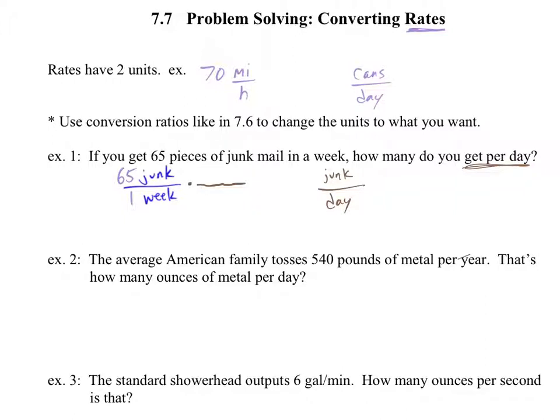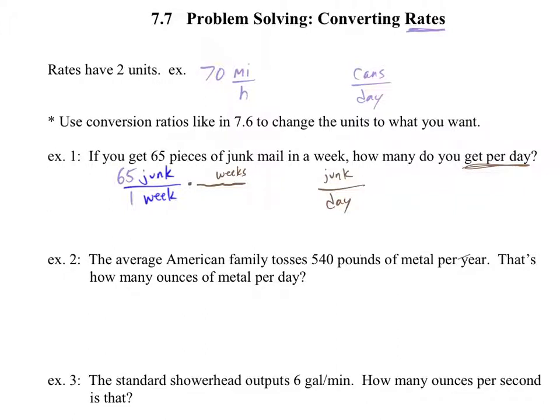Now we want weeks to cancel out, right? Yeah. So where does the weeks unit have to be, numerator or denominator? Numerator. Because if I have weeks here, I'd be able to cancel those two. Yeah. And the units we do want down below aren't weeks, they are days. We want days over here on the right.